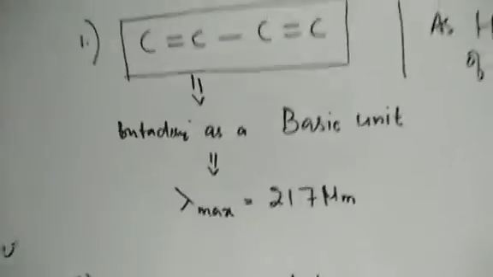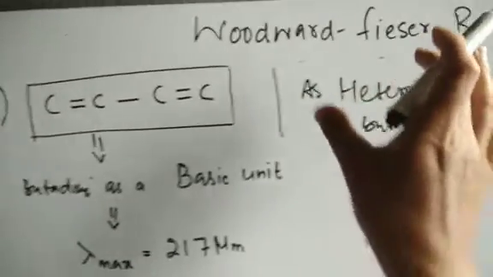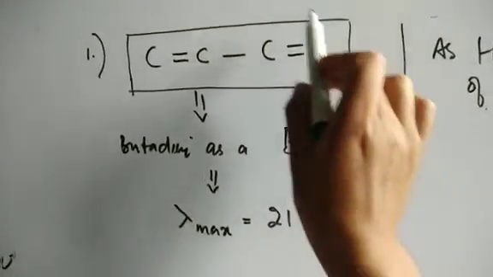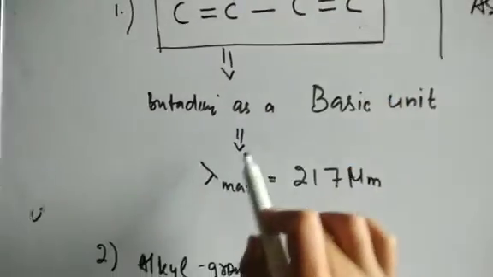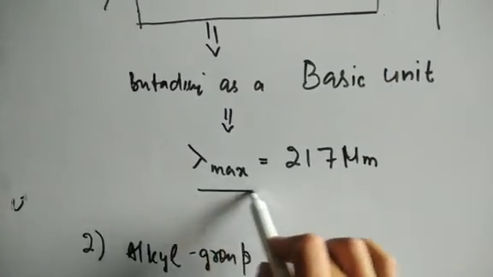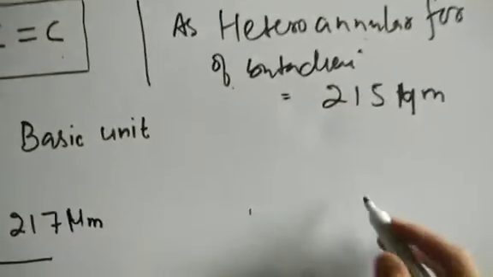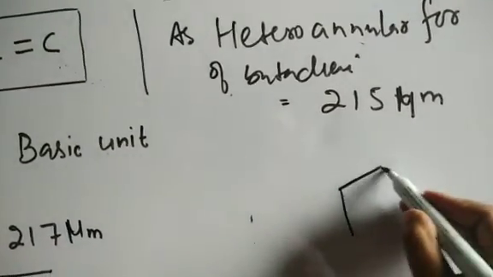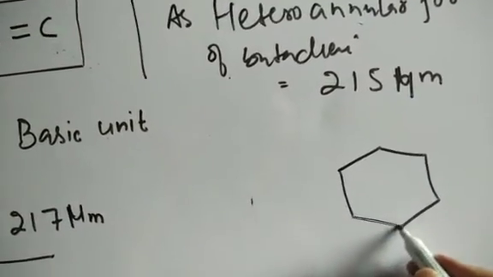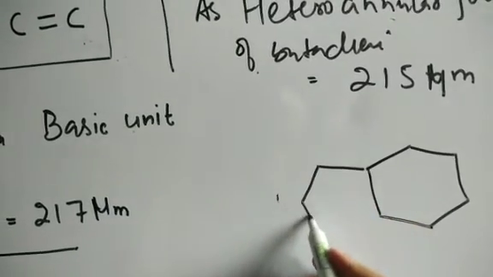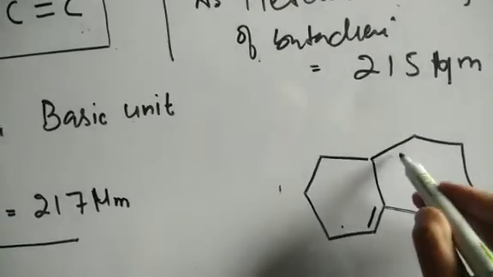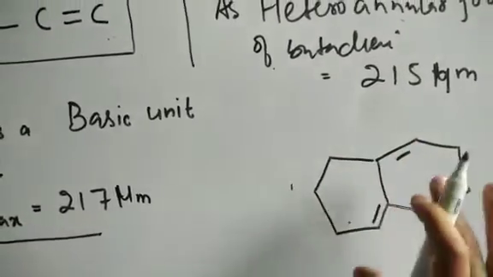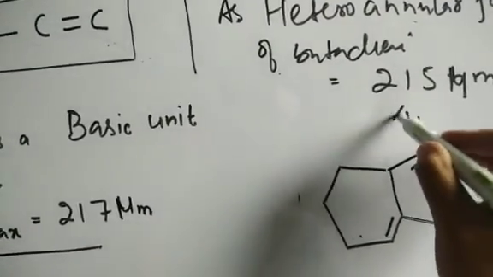So what we have done today, in lecture number 1: if you have to calculate the lambda max, we first have to search if we have a butadiene system like this, acyclic type. The contribution of the base unit is 217. If it is heteroannular, meaning double bonds are present in conjugation but in different rings, then the contribution of the base unit is 215.